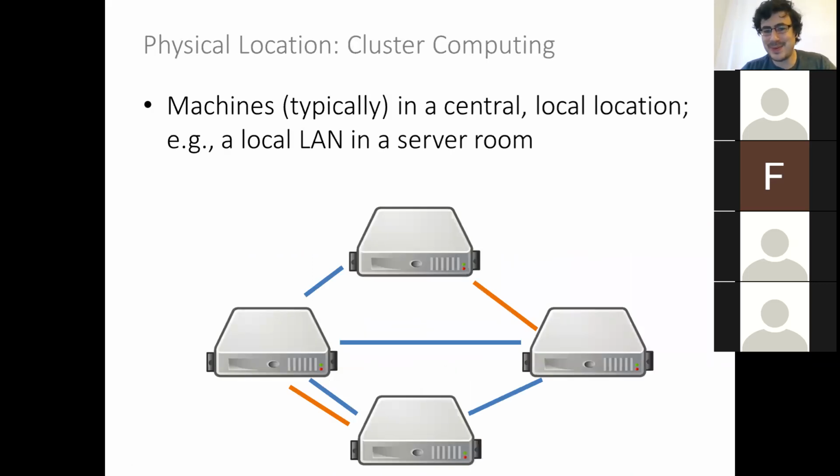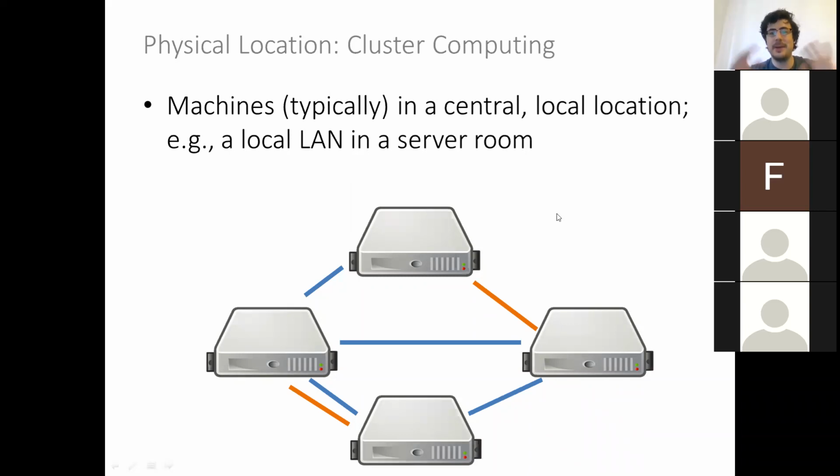So there's three types of location in terms of how distributed systems are hosted that we can talk about. We can talk about cluster computing, which is typically referred to as machines in a central local location. For example, a local area network in a server room.